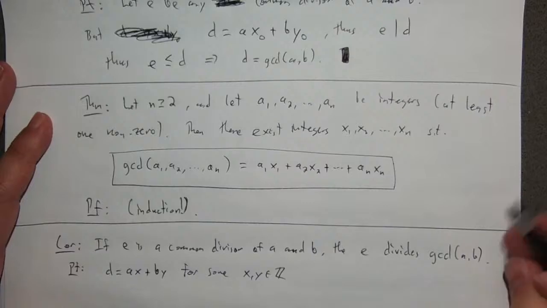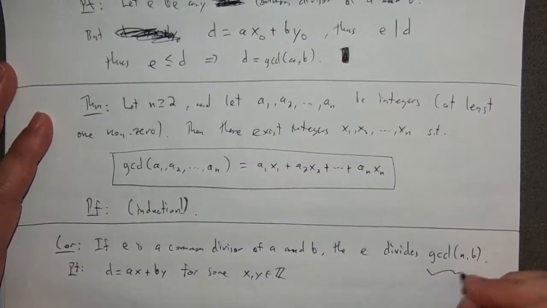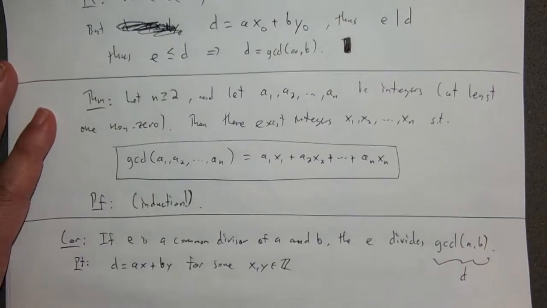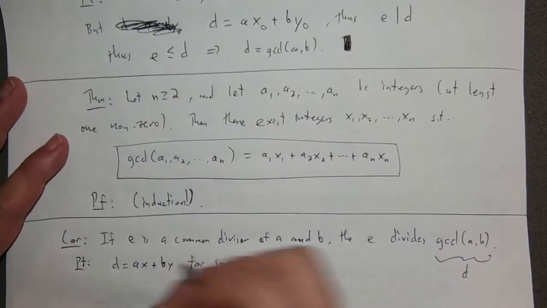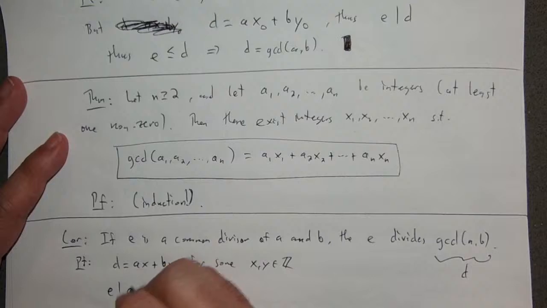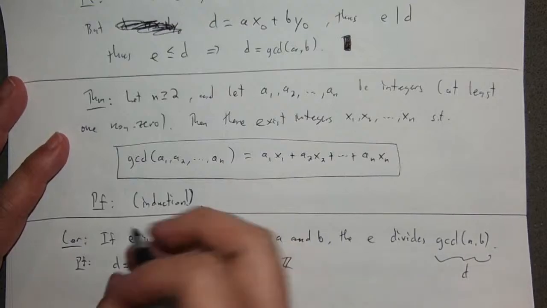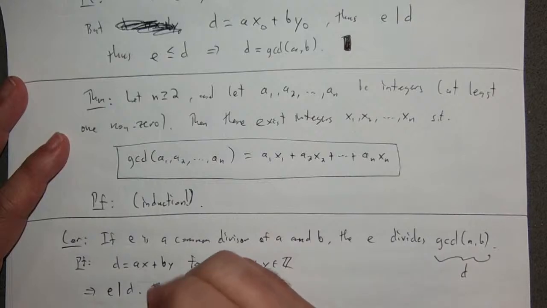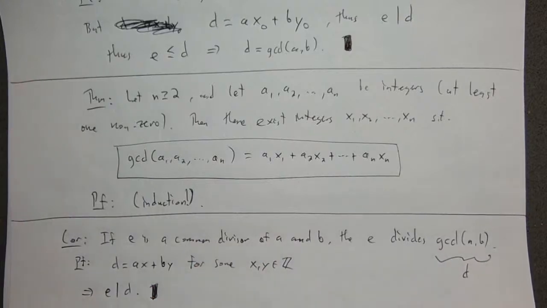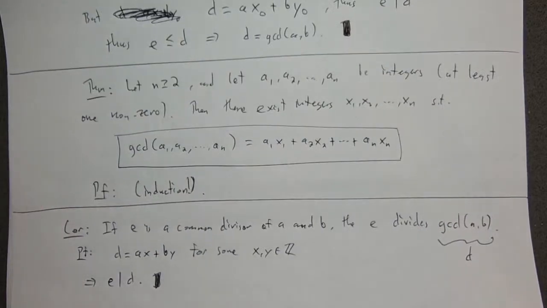And let's save us time. We'll say that we're calling the GCD D. So the GCD is this linear combination. So E divides D immediately. Right. So this was the first thing we proved in the course, basically, I think it was like the second or third thing we showed, which was if you divide two integers, then you divide any linear combination of them.